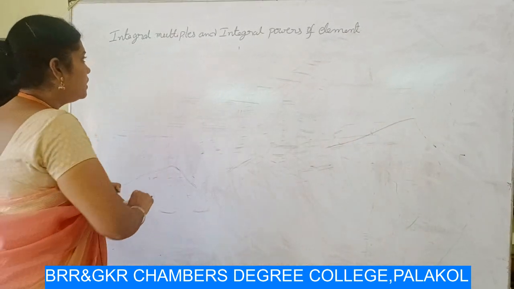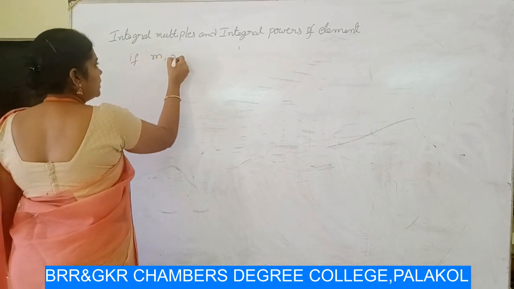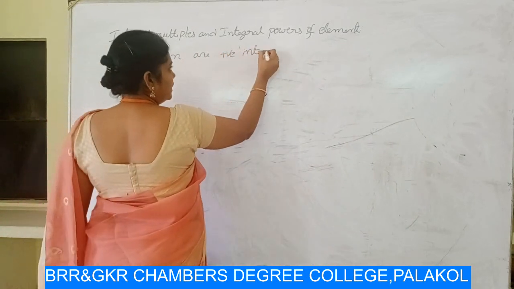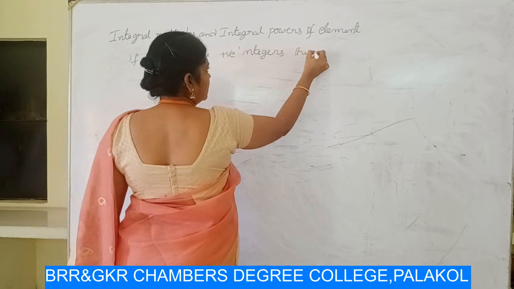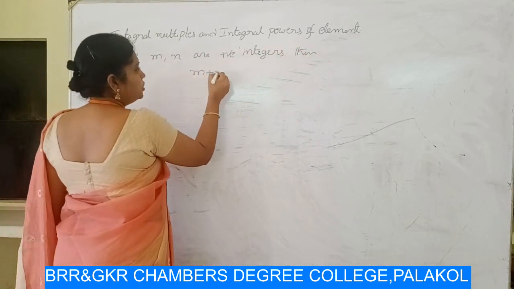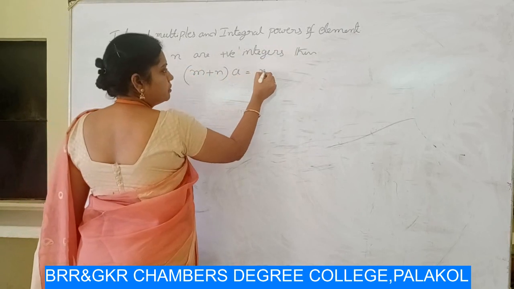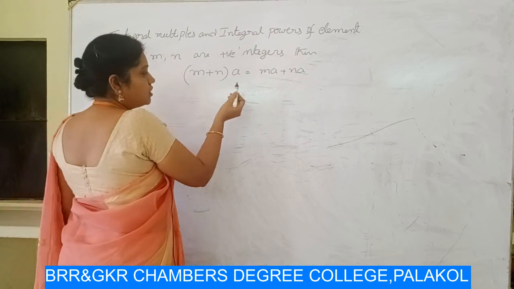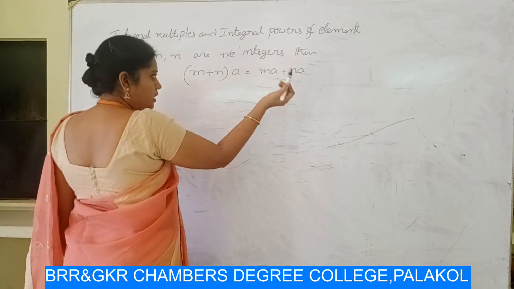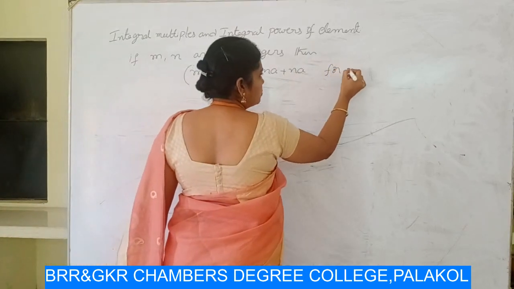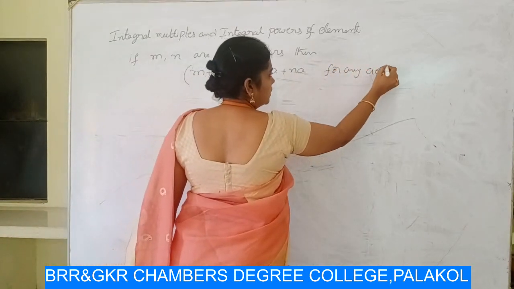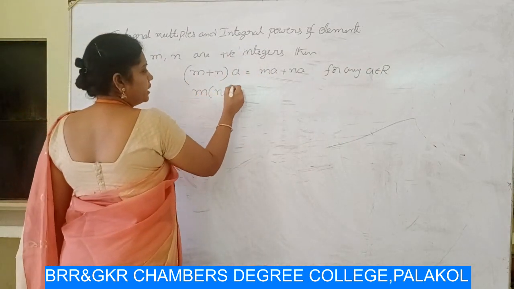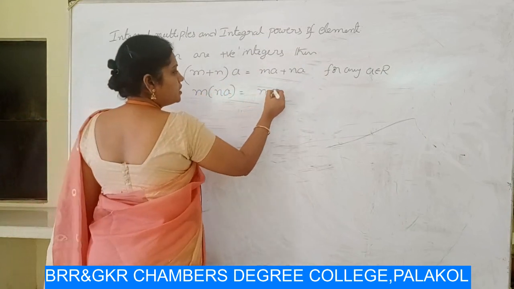Those are, if m, n are positive integers, then m plus n into a is equal to ma plus na for any a belongs to R. And also m into na can be written as mn into a.